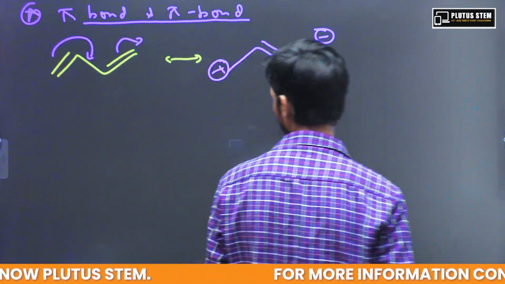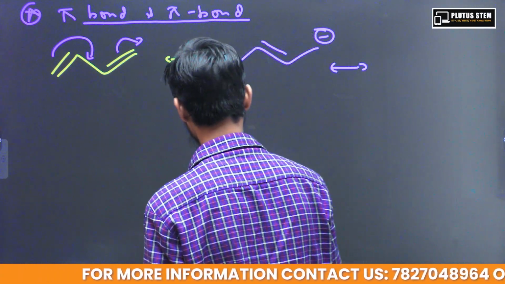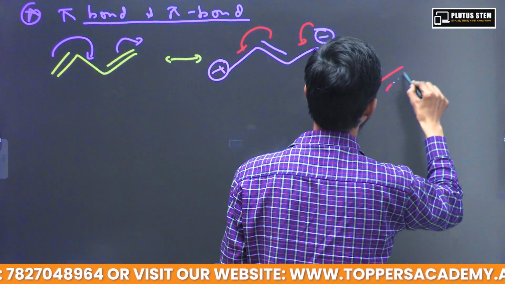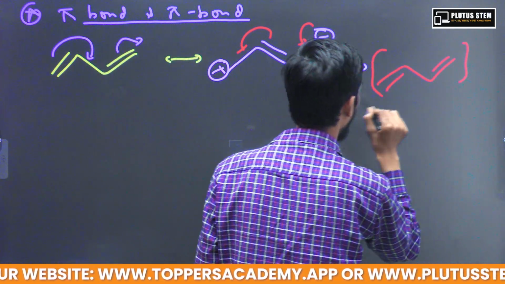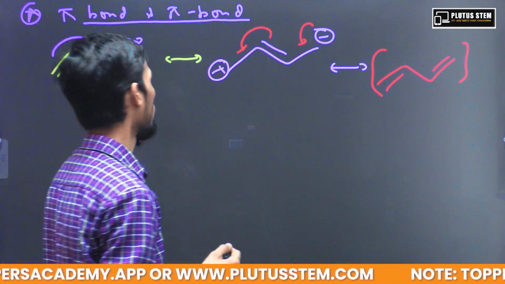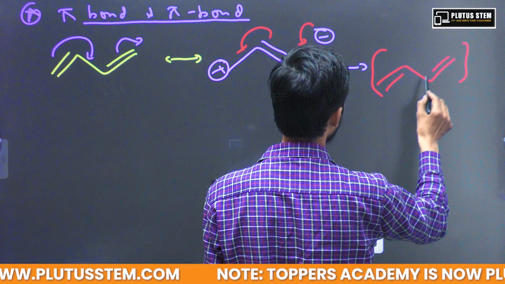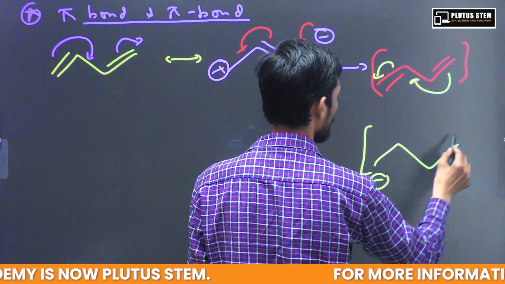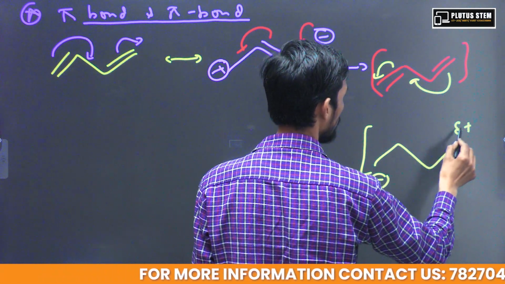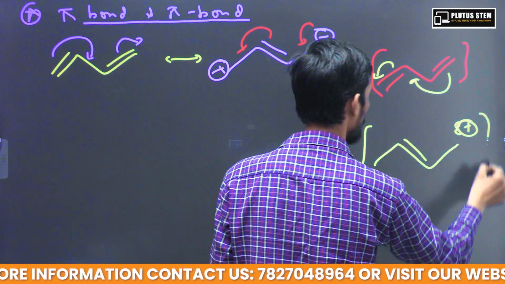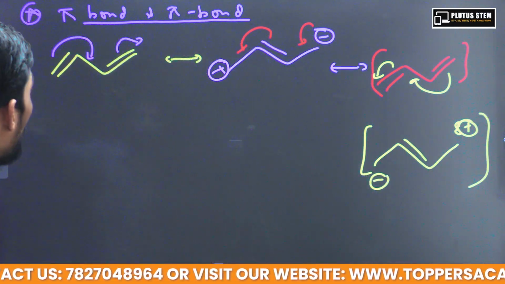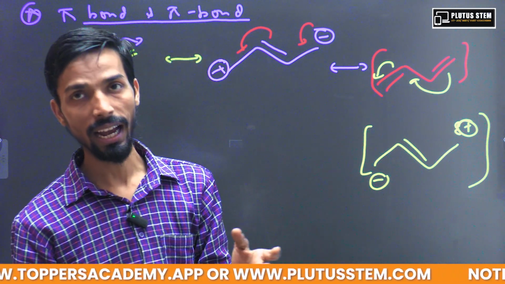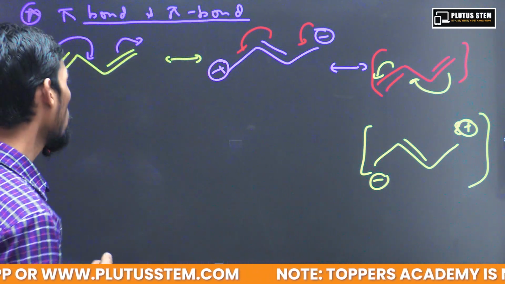This thing, and another possibility, again it goes back to the actual structure like this, and it can also move in the opposite direction. Like this. So the movement can be on any side, either the right side or the left side, because both the elements have a similar electronegativity.